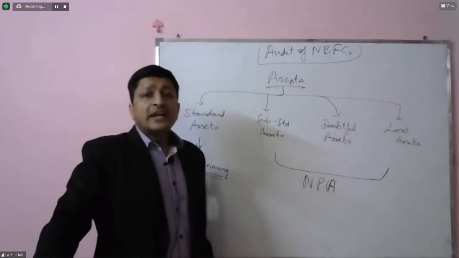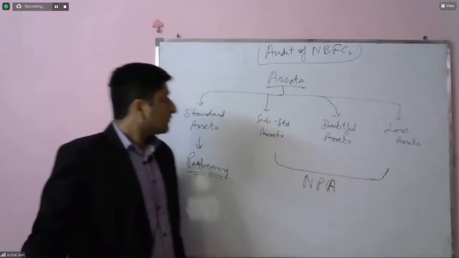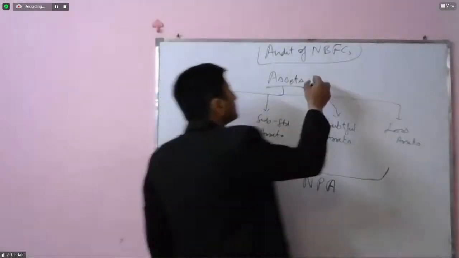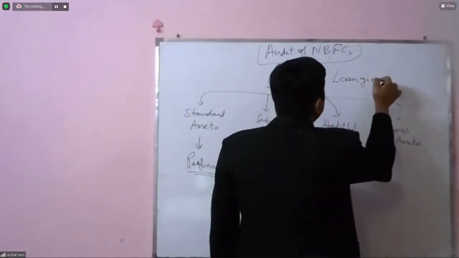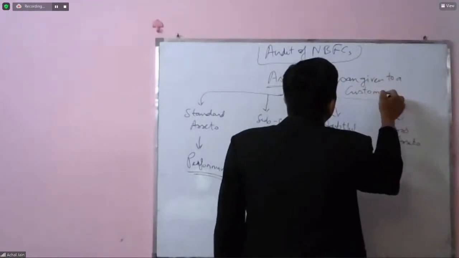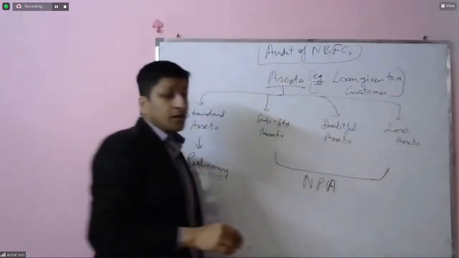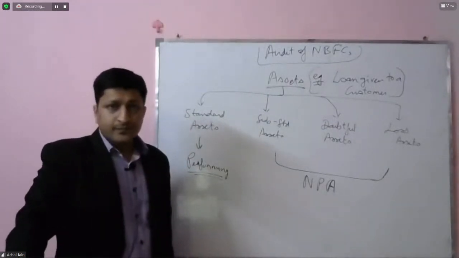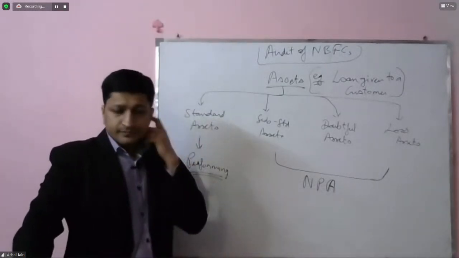Now, if you look at the income recognition of an NBFC, let's suppose this asset is a loan given by an NBFC to a customer of the NBFC. Okay. Now on this loan, the NBFC will be receiving two things. One, the principal, and second, the interest portion.